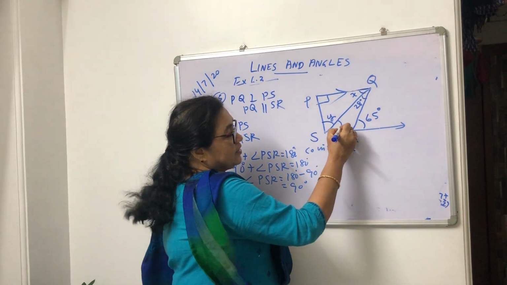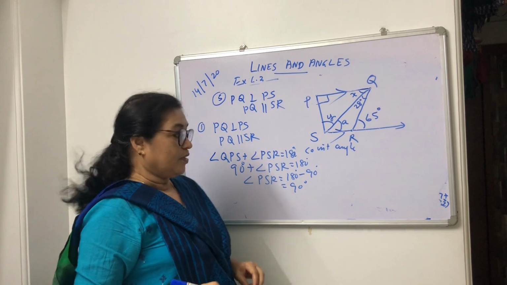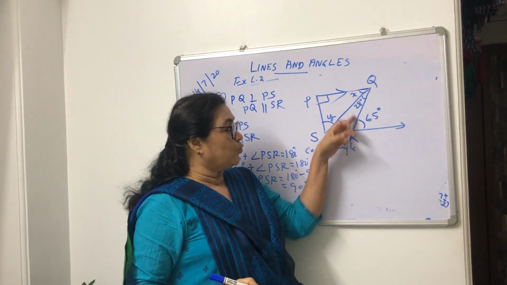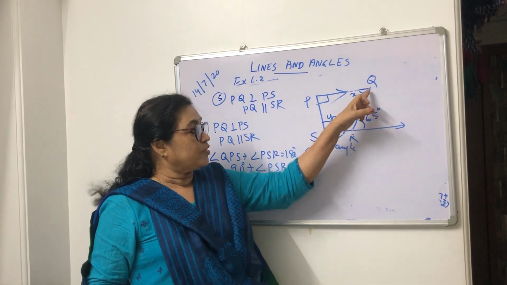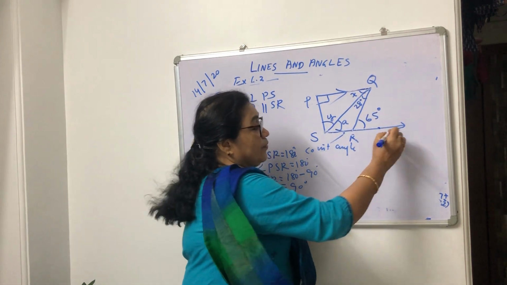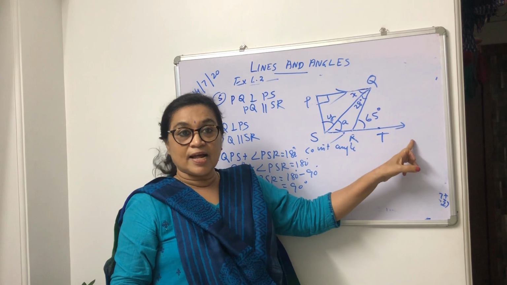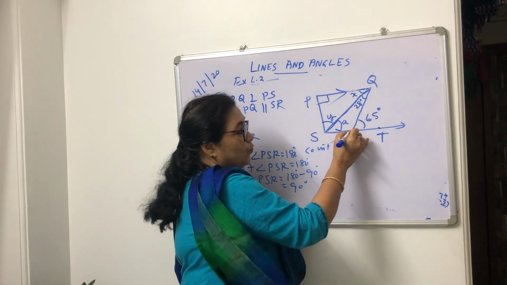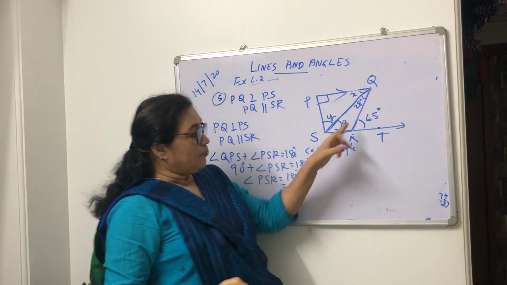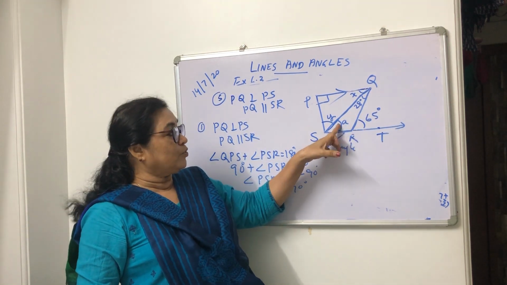Now I am giving this angle as A. So take this triangle QSR. This side is extended, therefore this angle QRT is the exterior angle. So we are considering this triangle QSR, and this is the exterior angle. What about these two angles?